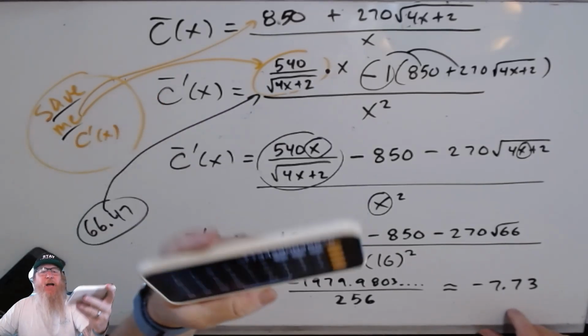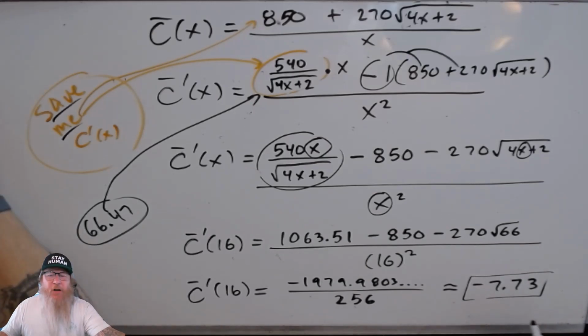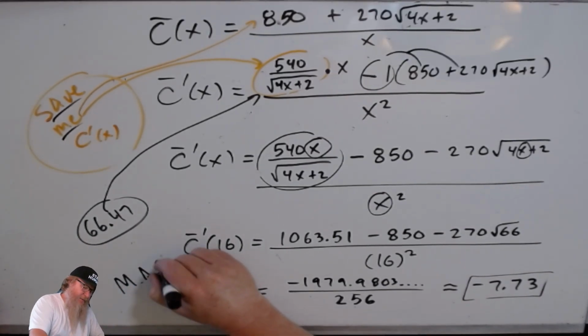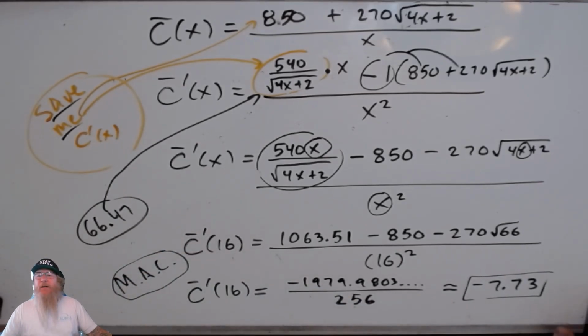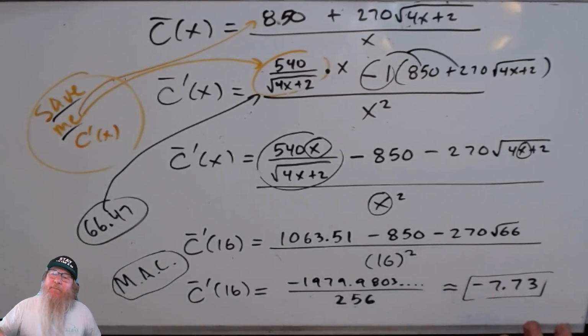So just to double check that my marginal average cost, also known as the MAC, in business terms, marginal average cost, which is actually pretty cool. It means that each time I make a new brain, the next brain is costing me $7.73 less than the last brain that I made.